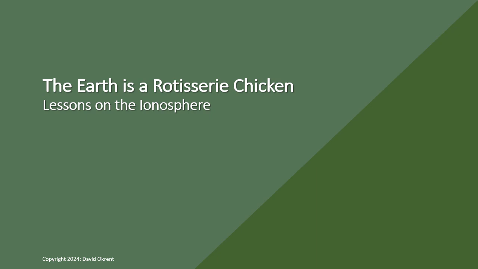So I have a 1 hour lecture on the ionosphere and propagation that I give to radio amateur clubs. One of the things I like to leave them with is that the Earth is a rotisserie chicken. This is one of the title slides from that lecture.